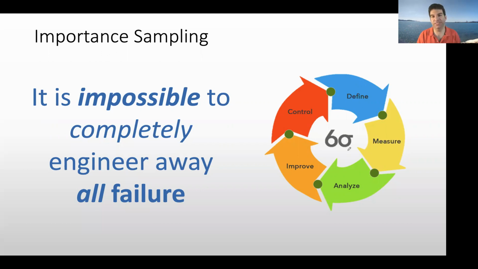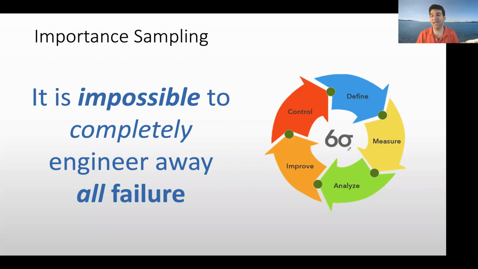That's one way to view Six Sigma. You can also view Six Sigma as a criterion for how far you have to go before you can stop improving quality. We pitch Six Sigma as being for high quality manufacturing, but it's also kind of for low quality.